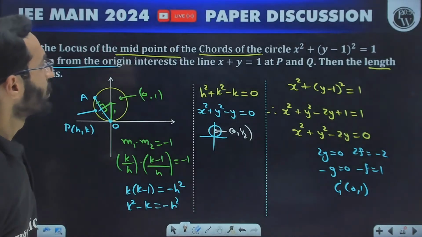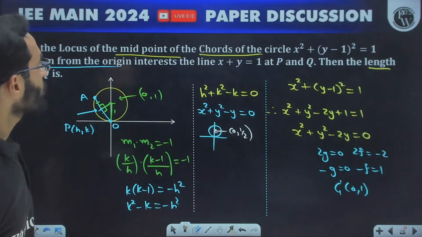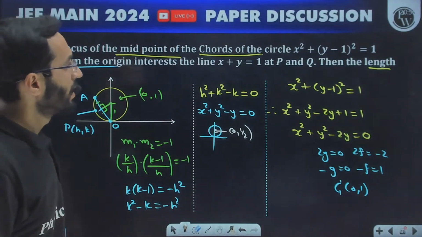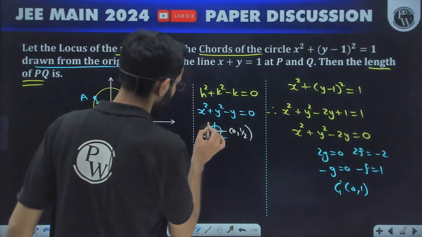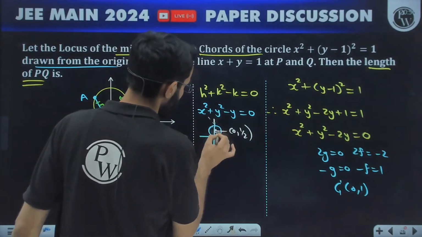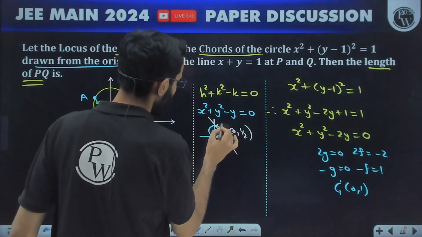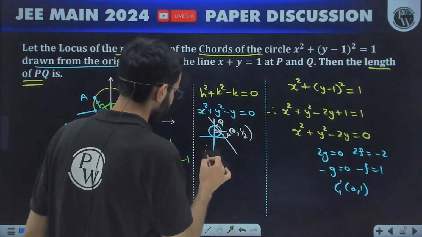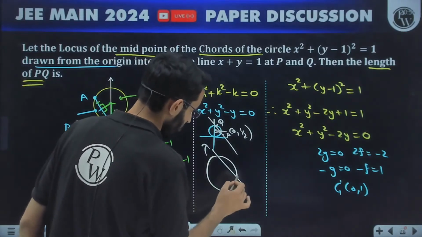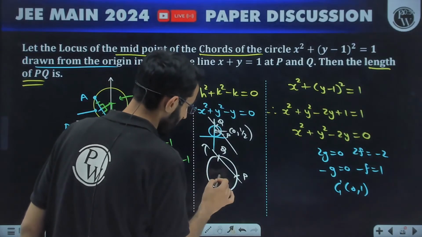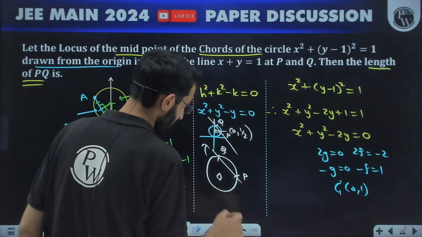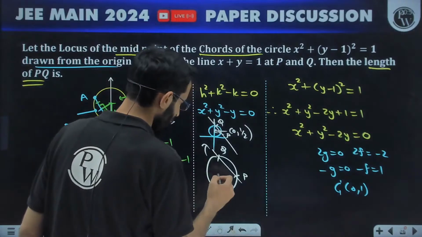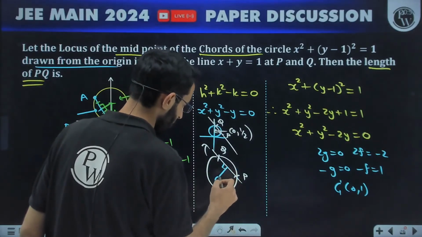Now they are telling that the locus of midpoint of chord of the circle drawn from origin intersects the line x plus y equal to 1 at P and Q, and they want you to find the length of this PQ. For that, if I enlarge this again, suppose this is PQ and this is the center, the same concept you can apply over here. From the center, you can draw a perpendicular, right?